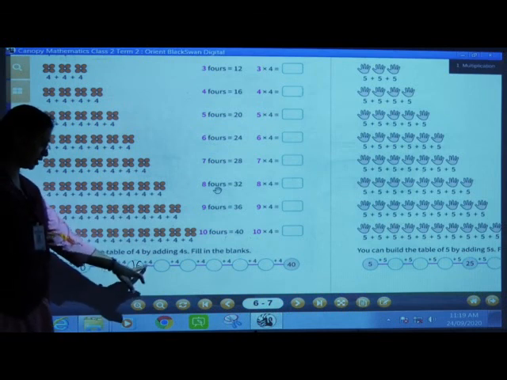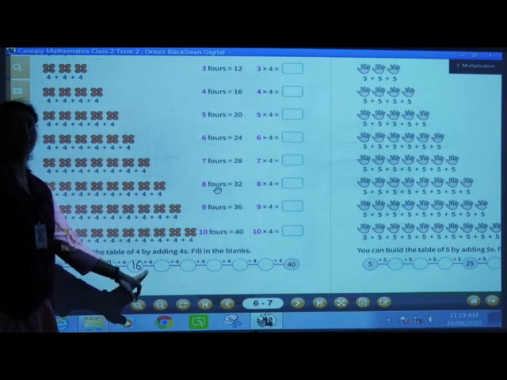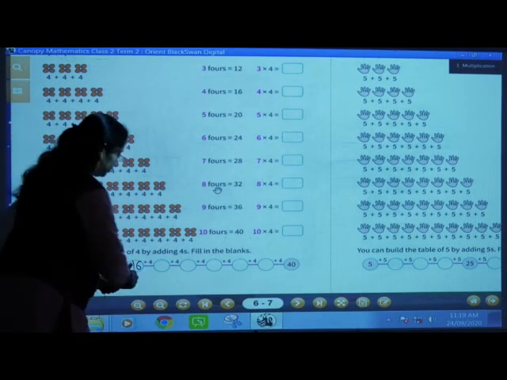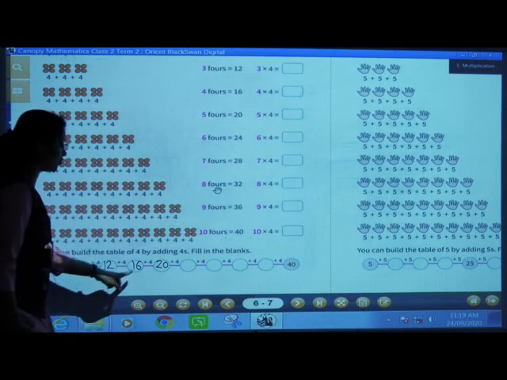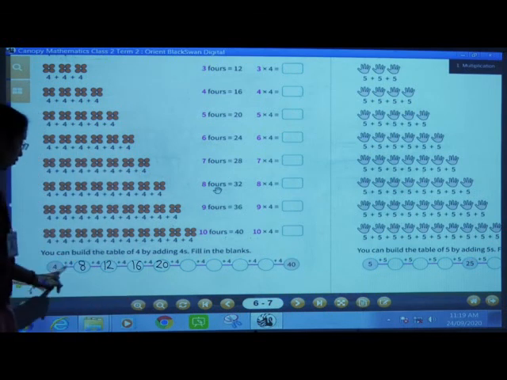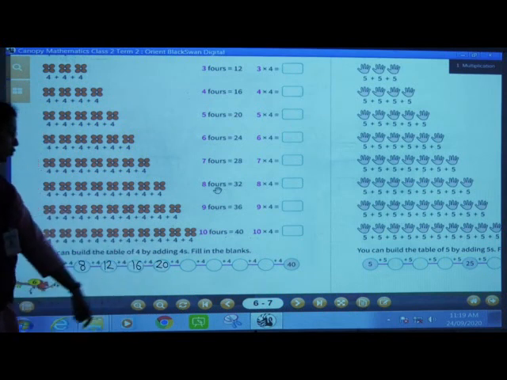Again to this 16 we have to add 4. 16 plus 4, 20. Means 5 times 4 we have added here. Therefore 4 5s are 20.